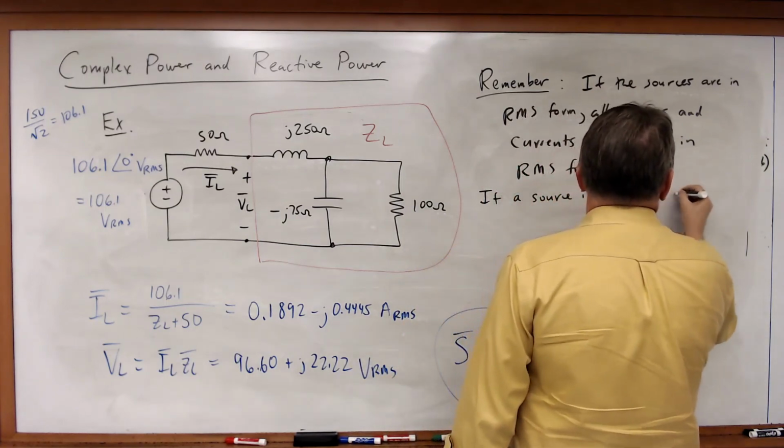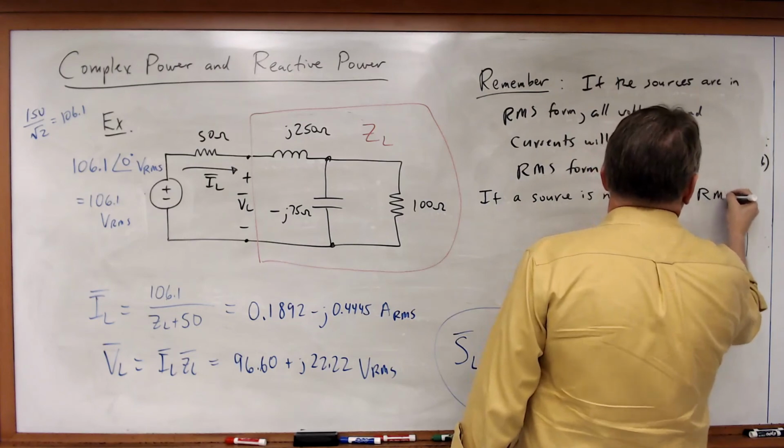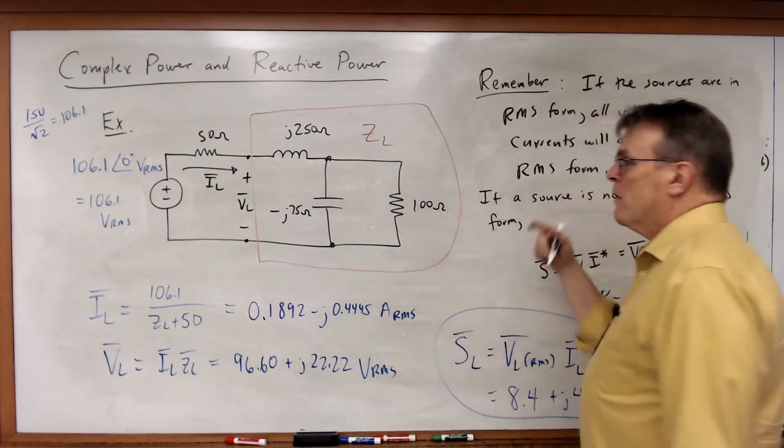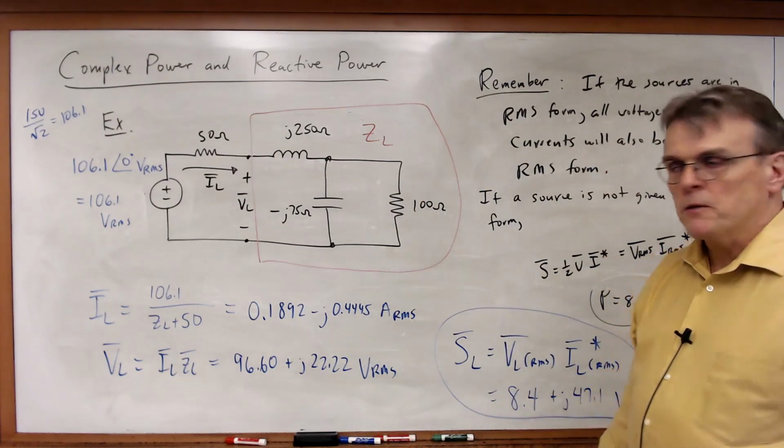So if a source is not given in RMS form, you can convert it to RMS form before solving the circuit.